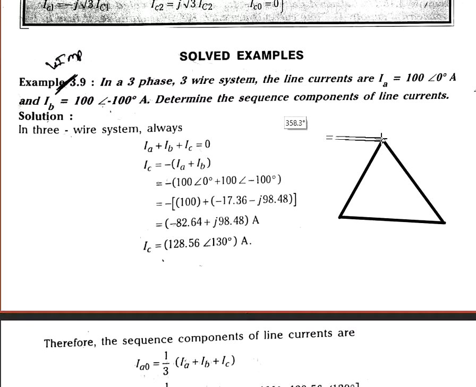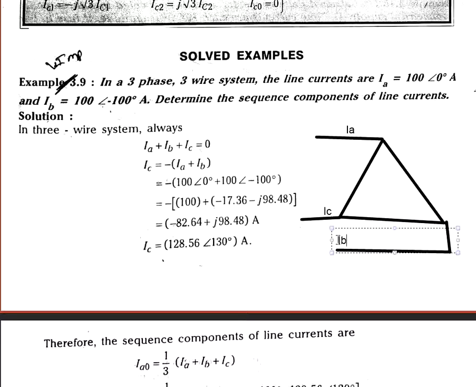Here it is a delta connected system. Let us say this is IA, here IB, and here IC.